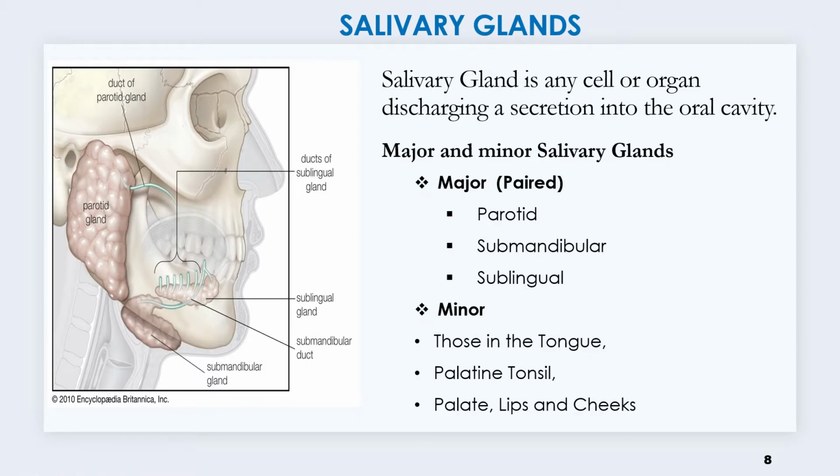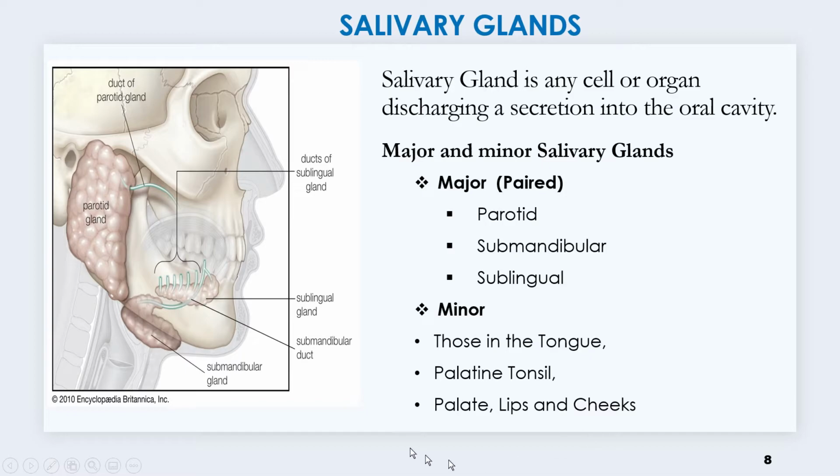The other glands, the minor glands, are sometimes those in the tongue. Some cells in the tongue are also responsible to secrete some secretions that participate in the salivary function. And then we have the palatine tonsil, and then the palate, lips, and cheeks.